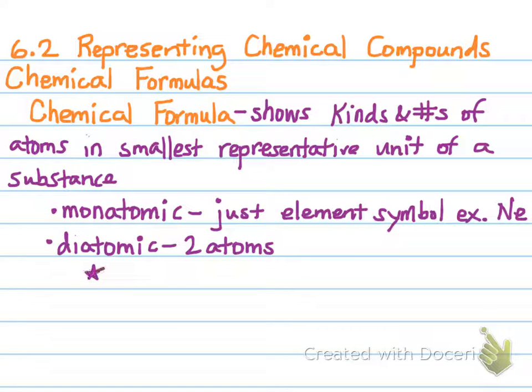Specifically with the diatomics, you have 7 that you are memorizing as part of your polyatomic ions to memorize. These are diatomic molecules, elements that never exist as a single monatomic atom. If they are pure and by themselves, they always exist as diatomic molecules. And there are 7 of them.